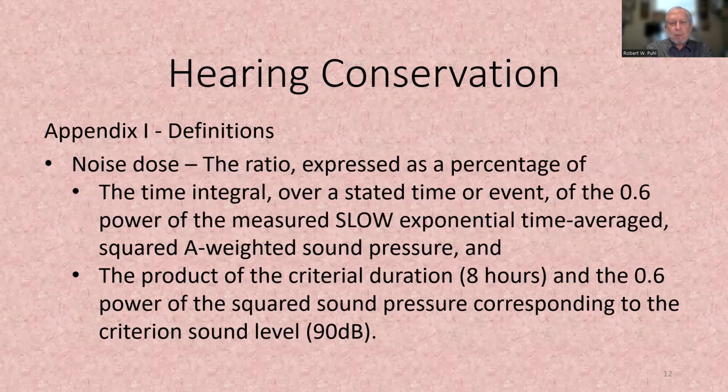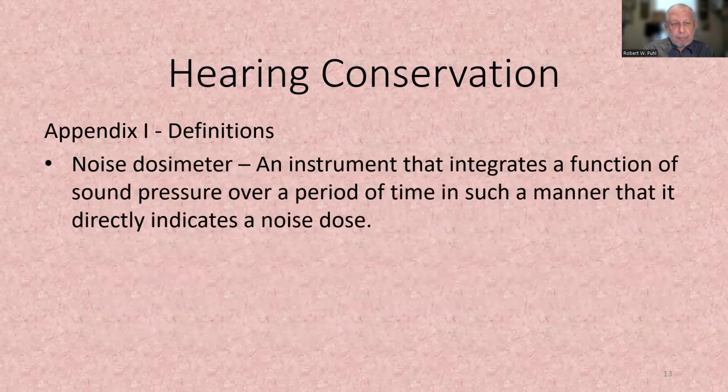Noise dose: the ratio, expressed as a percentage, of the time integral over a stated time or event of the measured slow exponential time average squared A-weighted sound pressure and the product of the criterion duration and the power of the squared sound pressure. If you want to spend a lot of time looking at that, you go right ahead, but you're not going to have to worry about it too much unless you become an audiologist.